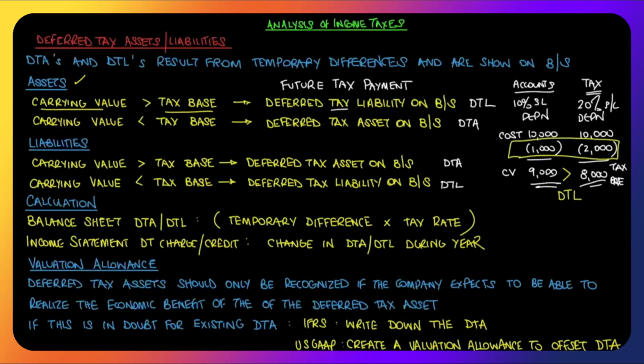I charged only 1,000 of depreciation in the accounts, but the tax authorities gave me 2,000. I don't care when deciding what position I have on the balance sheet about what happened this year. I care about the future. Having a higher tax allowance today, if this is simply a timing difference, a temporary difference, means I will get less tax depreciation in the future.